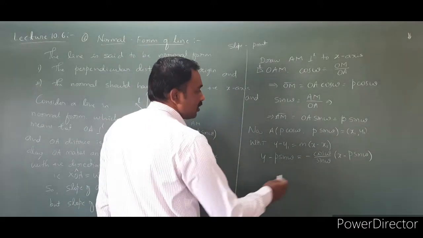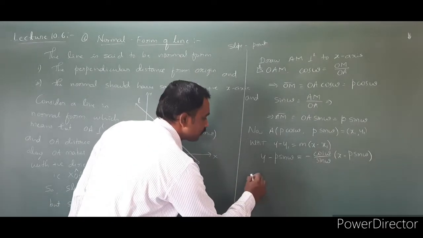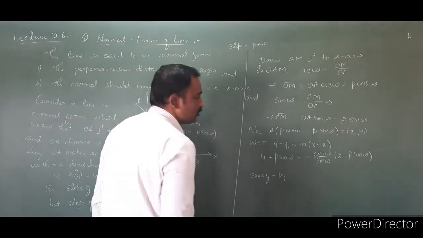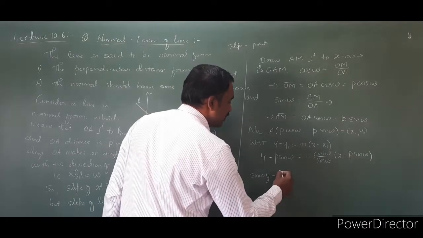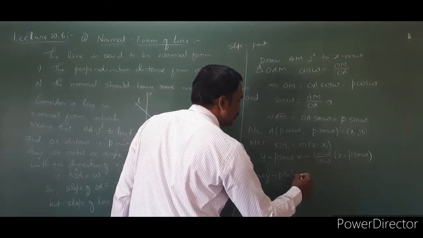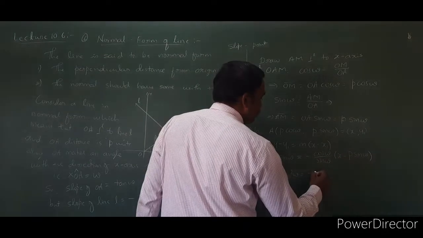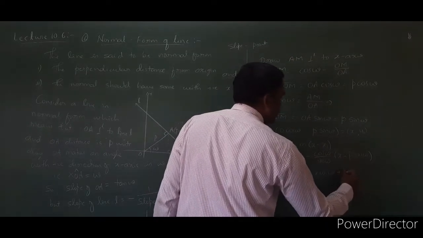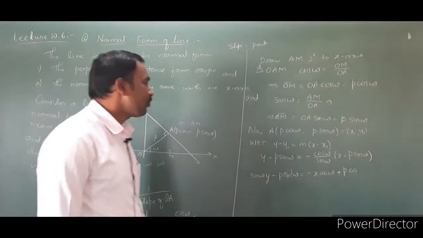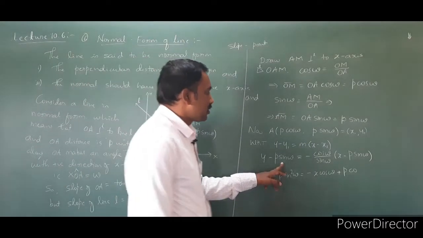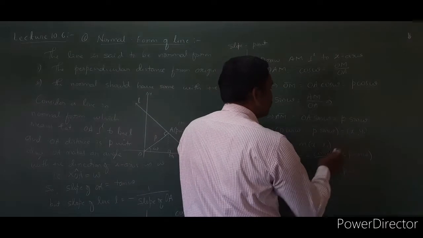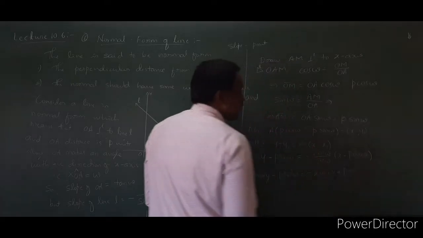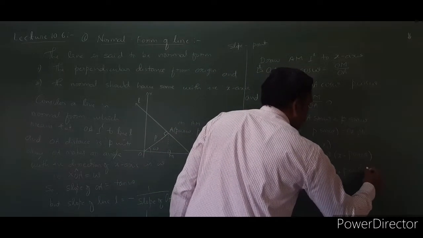Simplify this. Sin omega I take onto the left-hand side: sin omega into y minus P sin square omega is equal to minus x into cos omega plus P cos omega into, x1 is P cos omega, so P cos square of omega.